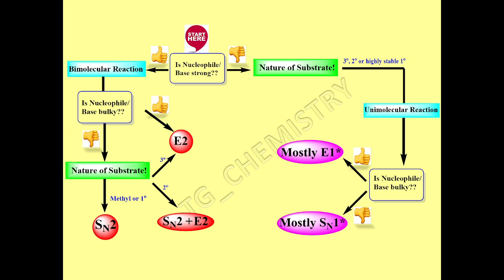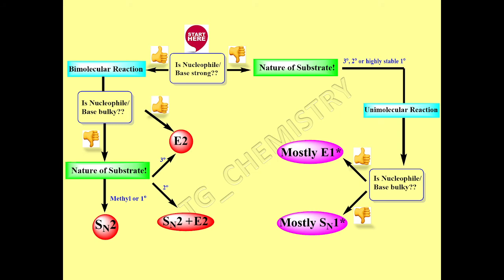Now the star means that under certain reaction conditions that favor a unimolecular reaction, which involves a weak nucleophile or base, or in terms of solvent, in the presence of a polar protic solvent, we will get a mixture of SN1 and E1 as usually obtained.